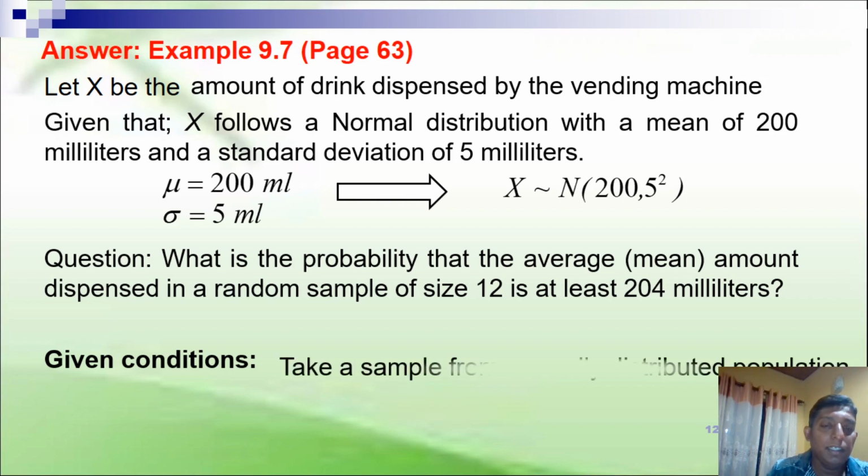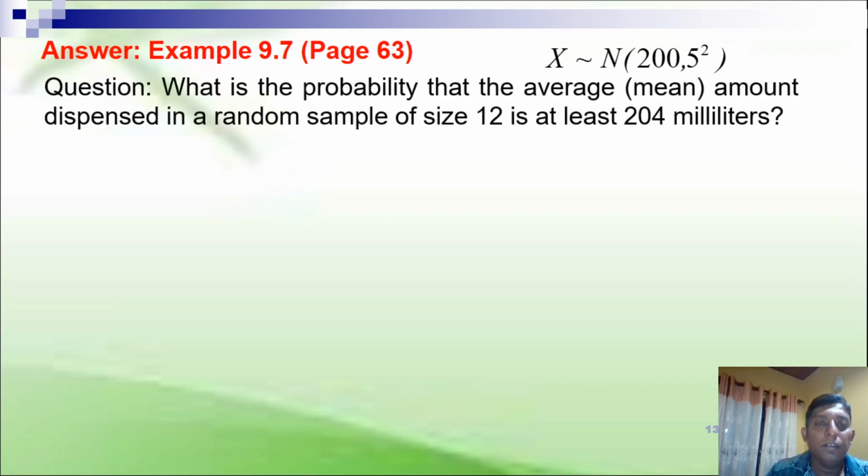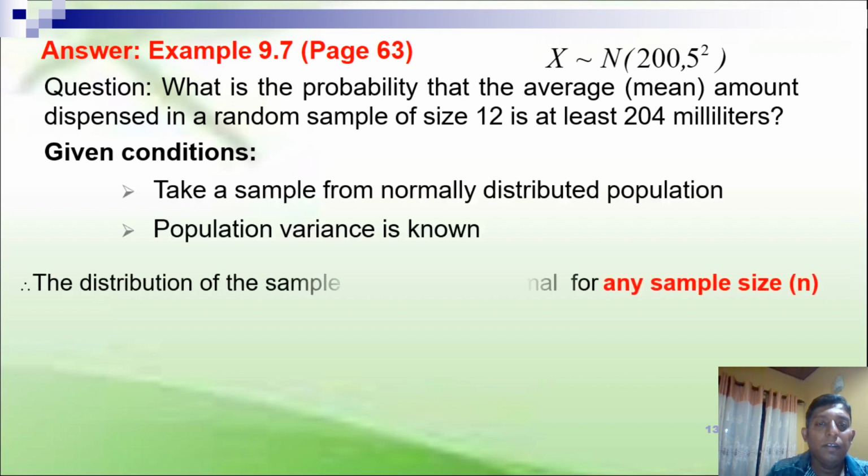In the given conditions, we take a sample from a normally distributed population and the population variance is known. Then we know, according to the theory, that if x follows normal with mean 200 and known variance, then for any sample size the distribution of the sample mean is also normal.